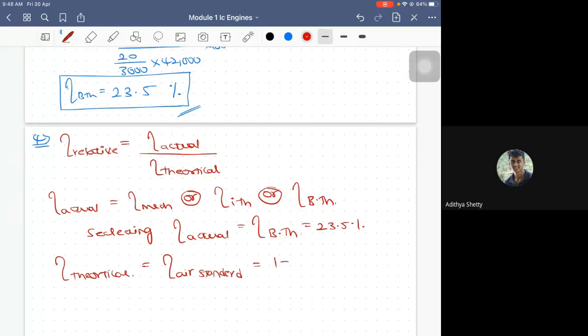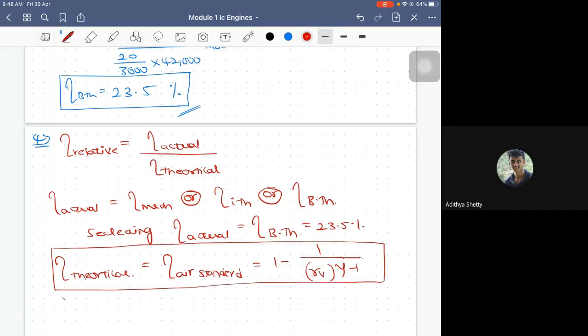It is 1 minus 1 divided by RV to the power of gamma minus 1. This is the air standard efficiency formula that you have to remember. This was derived, and even the problems will be solved when you take up that part of the module. Since we are not covering it, you can just remember this.